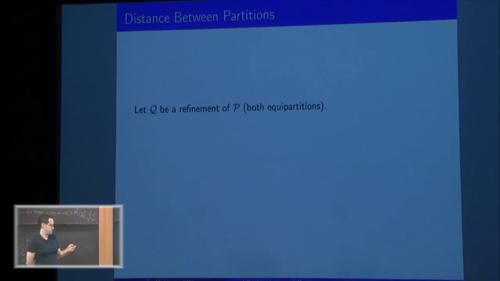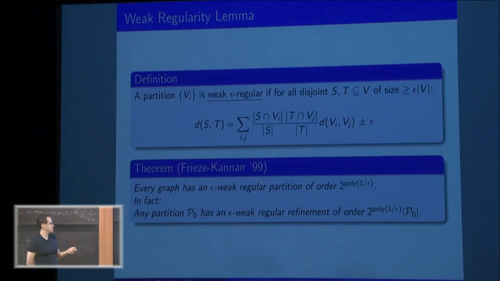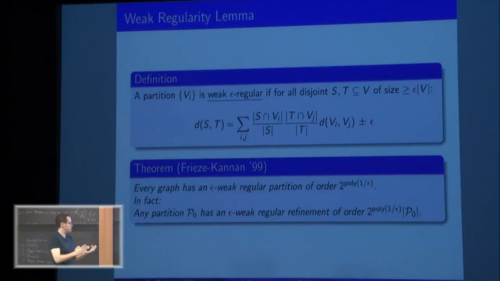This refinement of partitions is the only way we know how to prove regularity. And by the way, this explains why you get this for free. Basically, the proof of the weak regularity lemma is like the proof of any regularity lemma: it iterates one step, where you are given a partition and you find a refinement of it which is better in some sense. So you can just start the process from whatever partition that you want.